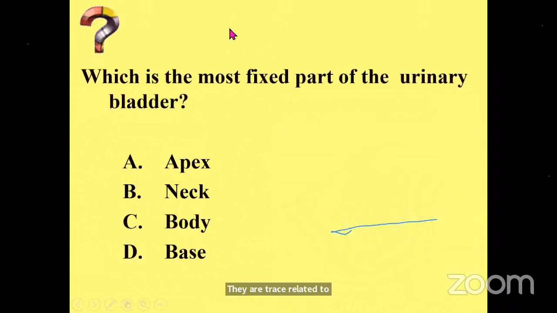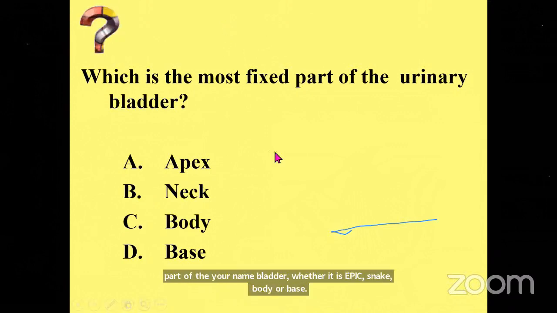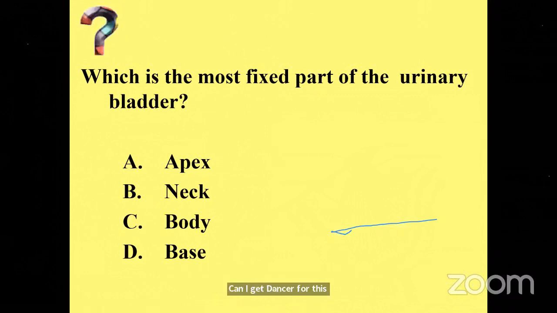Now, coming to the next question: what is the most fixed part of the urinary bladder, whether it is apex, neck, body, or base? Can I get the answer for this?